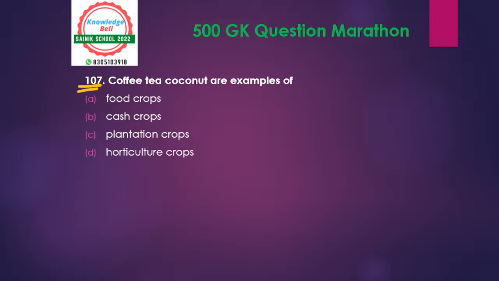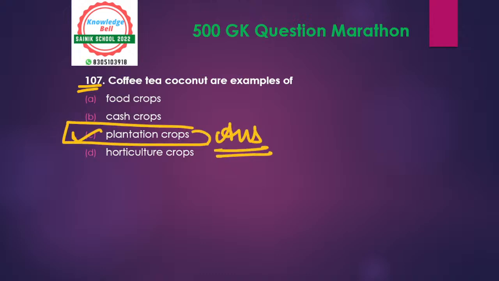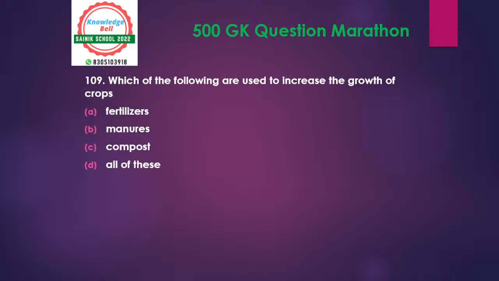Correctly answered. Everyone who is answering C here, beta, C will be the correct answer. Coffee, tea, and coconut are also included in plantation crops. Question number 109.